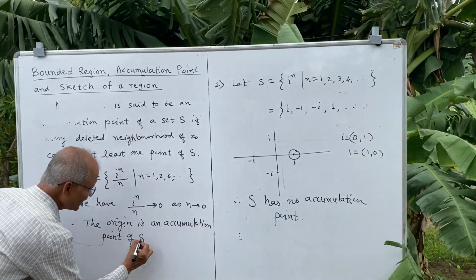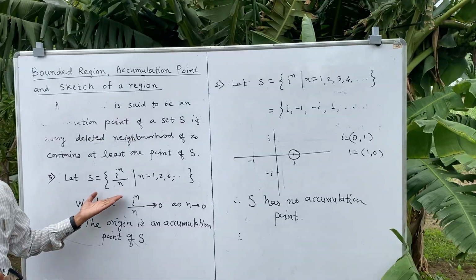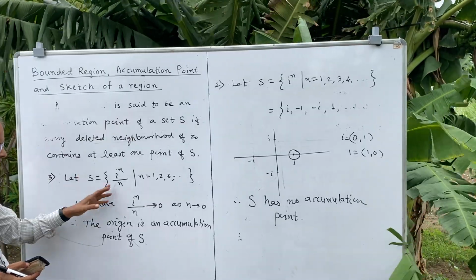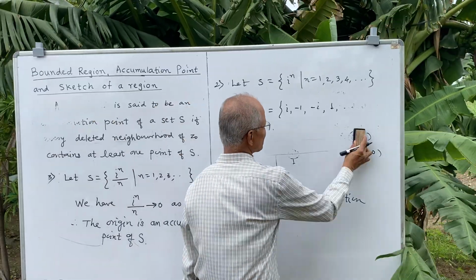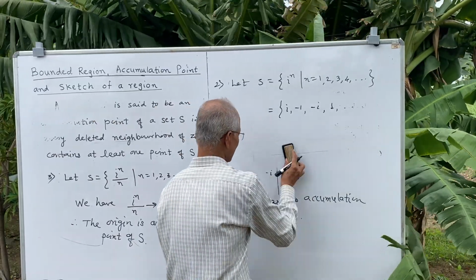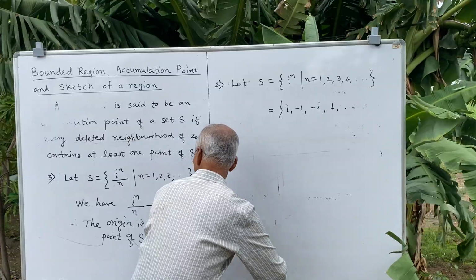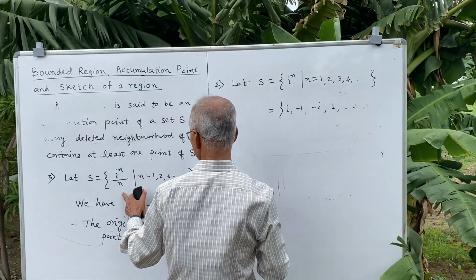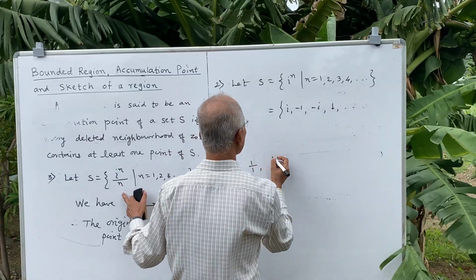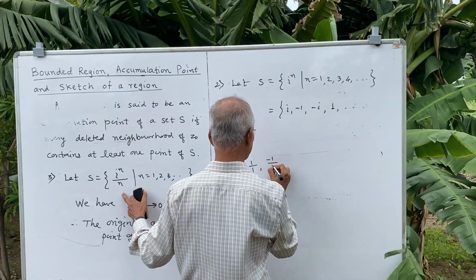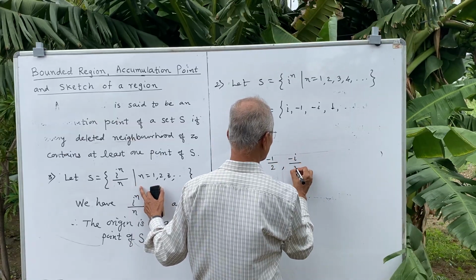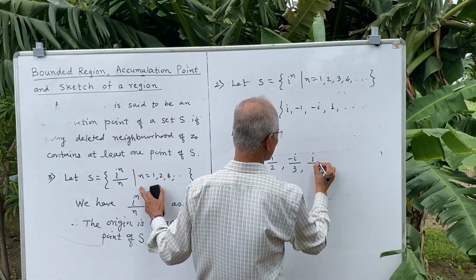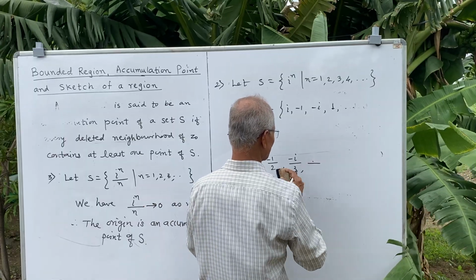This is the meaning of accumulation point: the points become closer and closer to the origin. For n equal to 1 it is 1 upon 1, for n equal to 2 it is minus 1 upon 2, for n equal to 3 it is minus I upon 3, for n equal to 4 it is 1 upon 4, and so on.